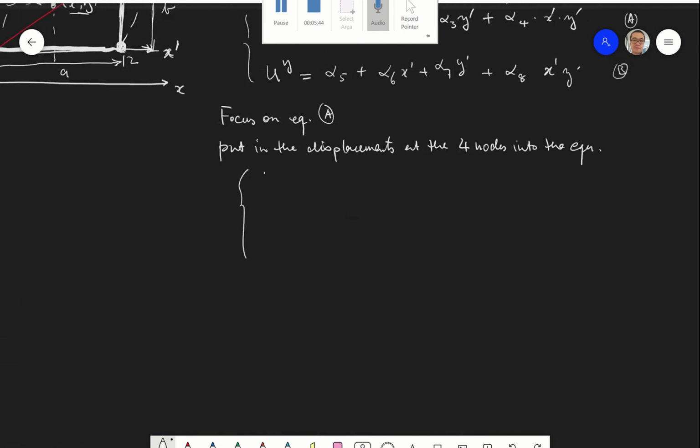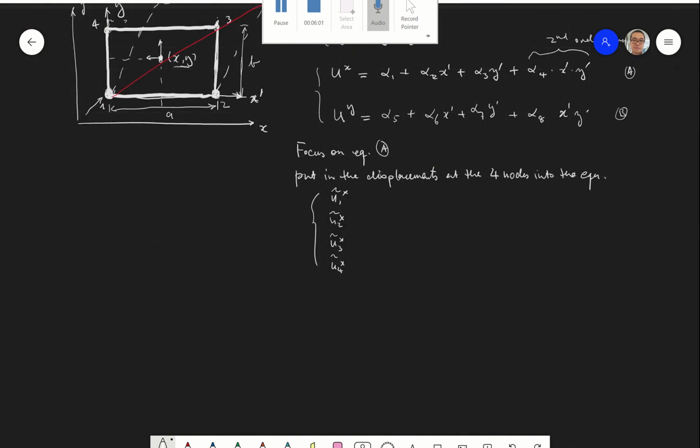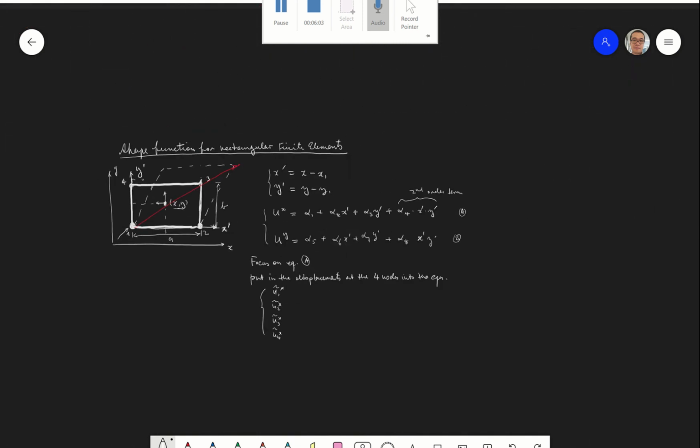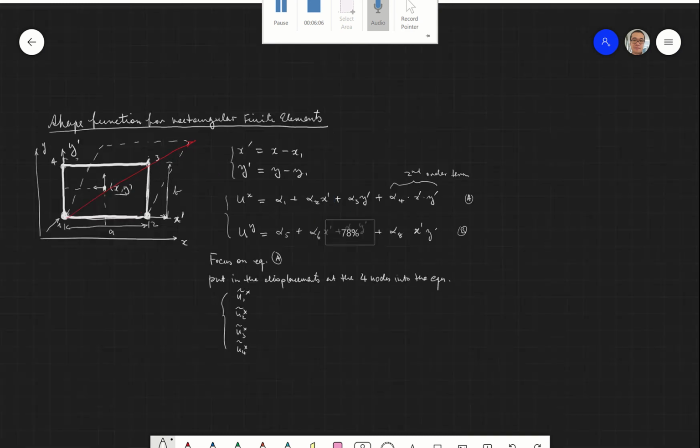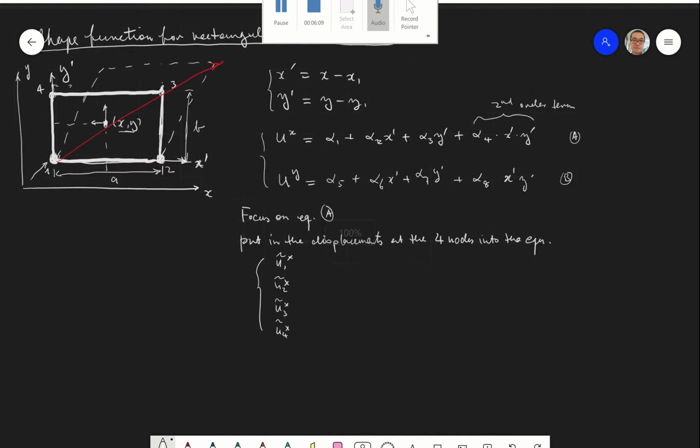We have u1 x, u2 x, u3 x, u4 x. Now in this x prime and y prime frame, we know that for node 1, x1 prime equal to 0, y1 prime also equal to 0. That basically leaves us with alpha 1.